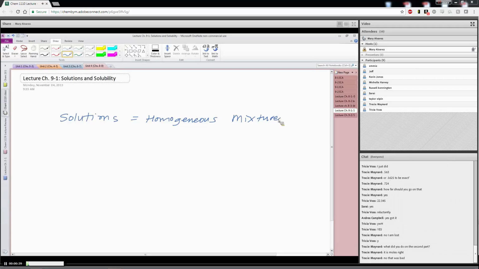There's this size difference because sometimes you can have suspensions of large particles that don't fall out of solution, but they still stay suspended in there. And that size has to do with light scattering. If you've got a particle size bigger than 2 nanometers, then your solution will look cloudy or translucent. And if it's much bigger, then it's going to look solid.